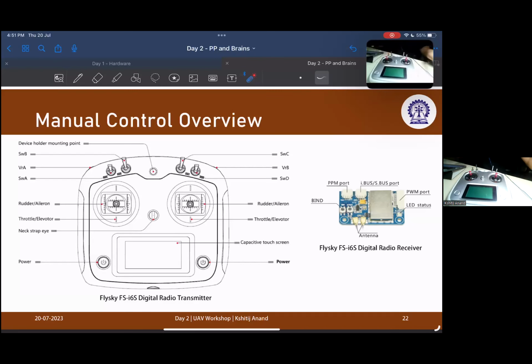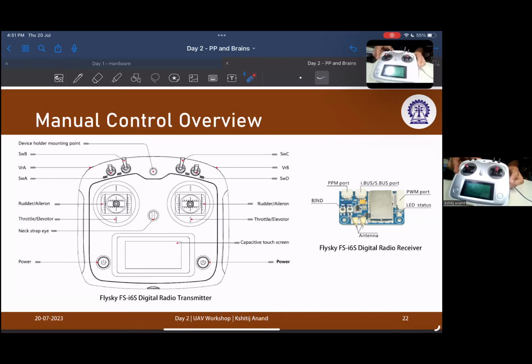Yeah. So I guess now you have a pretty good idea of how this transmitter looks.